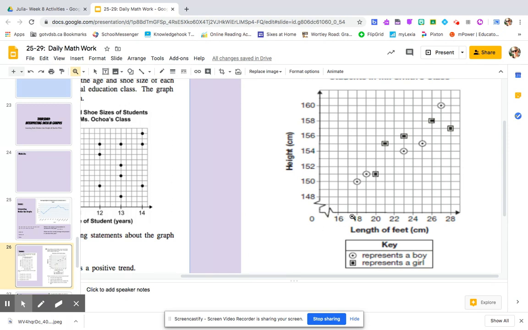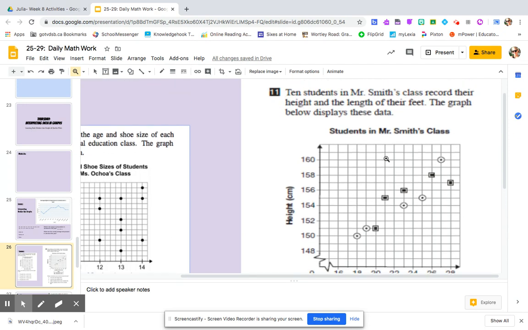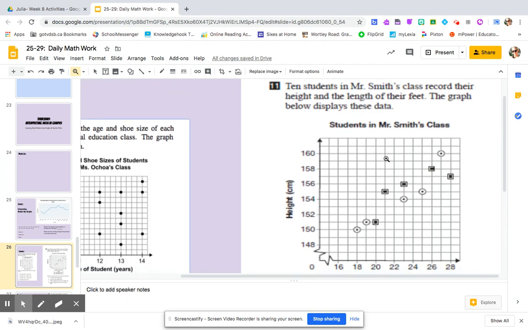Now, person 1 is a boy, and their feet are 18 centimeters long, and their height is 150 centimeters. This person here, they have a foot length of 26 and a height of 158 centimeters, and it's a girl. So that's how you can look at and read a scatter plot.